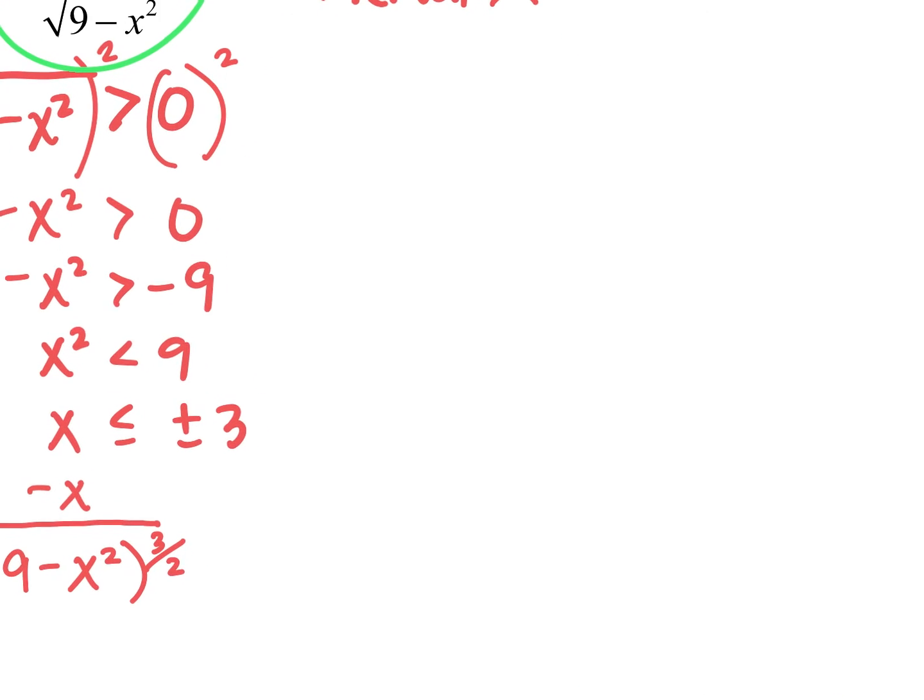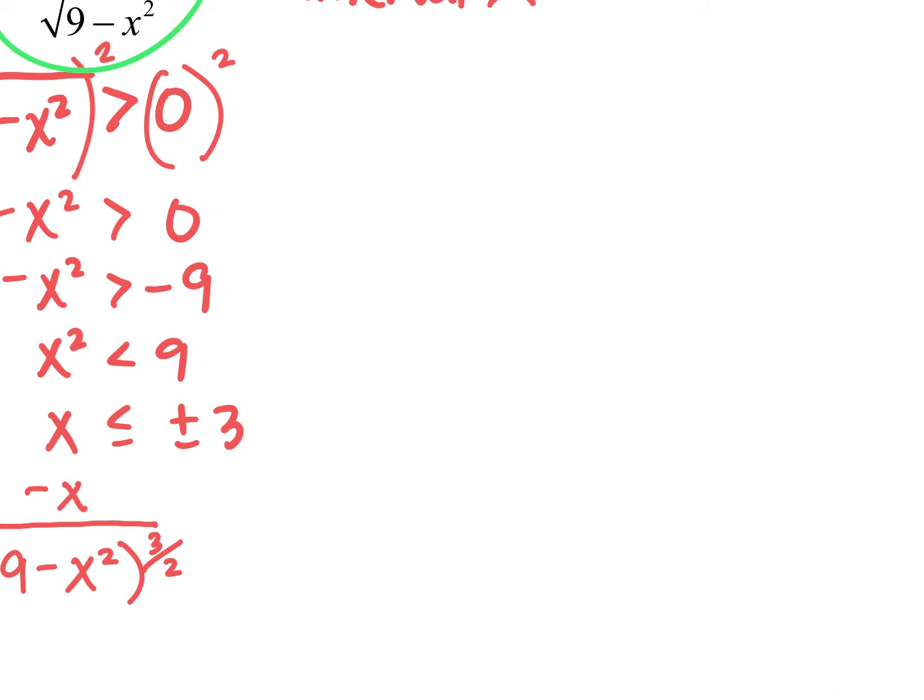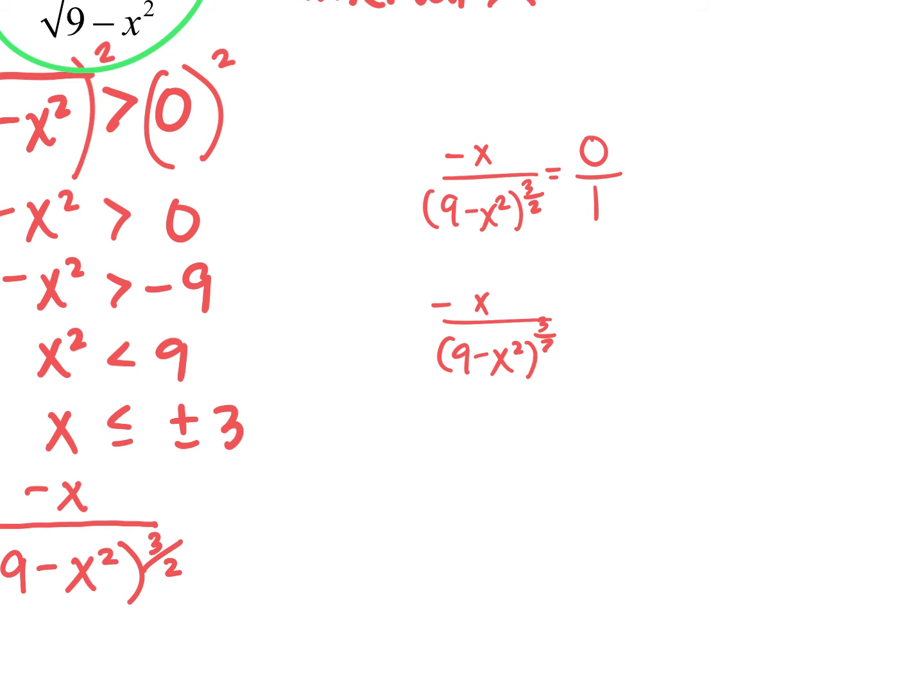I'm going to do that on the side over here. I'm going to take -x, move it up a little higher. I'm going to take -x over (9 minus x squared) to the 3/2, and set that equal to 0 over 1. And I'm also going to set it equal to 1 over 0. And I'll cross multiply.